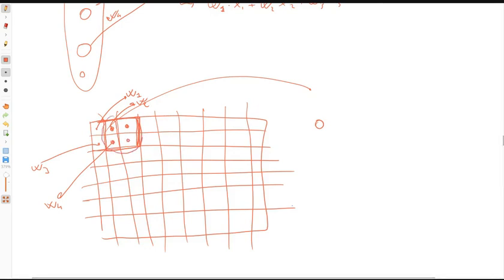And these 4 values will produce another point, another pixel, and so on. So I will take this 4, and I will have another pixel. I will take this 4, and I will have another pixel here. I will take this 4, and I will have another pixel.